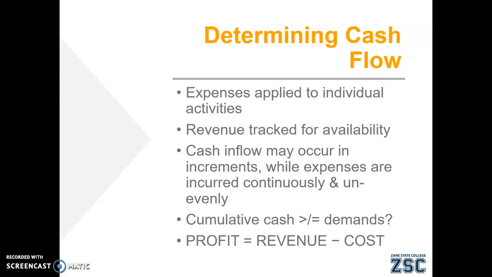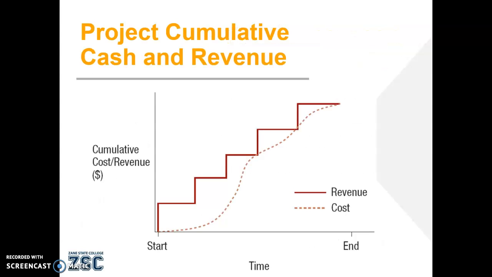So if we look at this chart on the following slide, the dashed line here shows the cumulative costs throughout a project. They just continue to go up and up at an irregular rate. So it's just kind of this wavy line that's trending up. The revenue, however, is more predictable. We get paid and then that amount of money plateaus until our next pay.